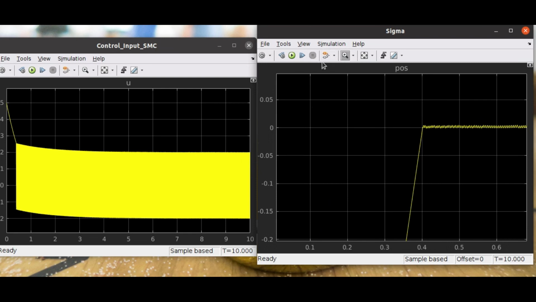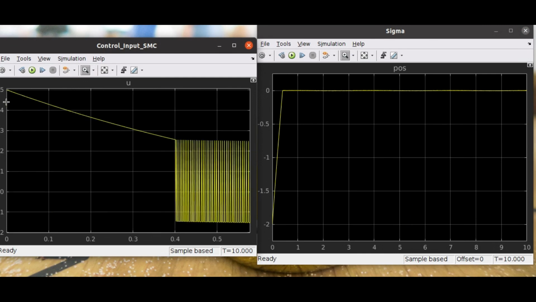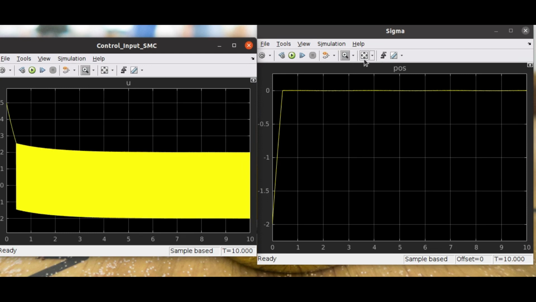From the control input plot we can also see that the high frequency chattering starts at the same time of 0.4 seconds, between minus rho and plus rho. And because of this force acting as plus rho or minus rho, a velocity will be induced. Thus the sigma value will never be absolutely equal to 0, as sigma is the sum of position and the velocity.